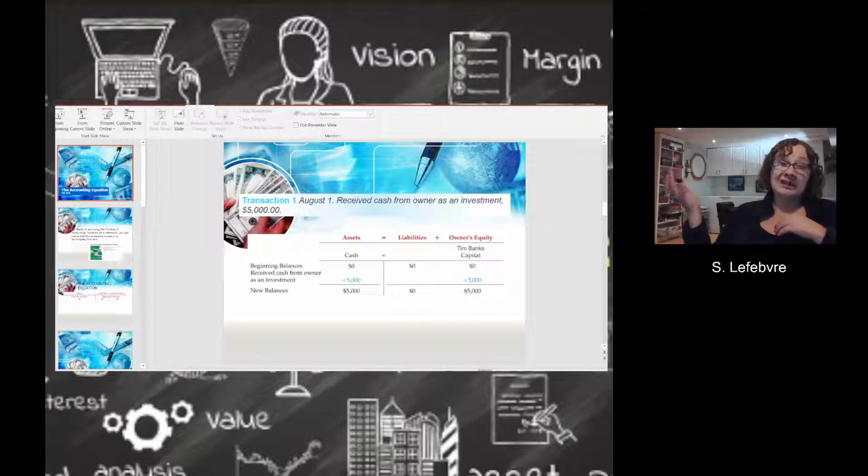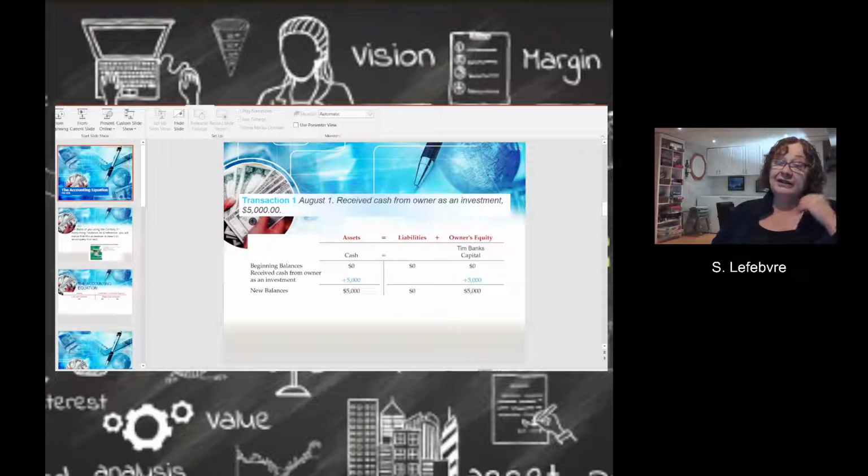Would it be our liabilities, which are things we owe, or is it our capital account, the value or net worth of the owner? And of course, it's the net worth of the owner.